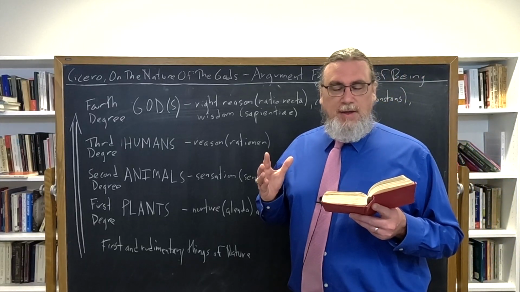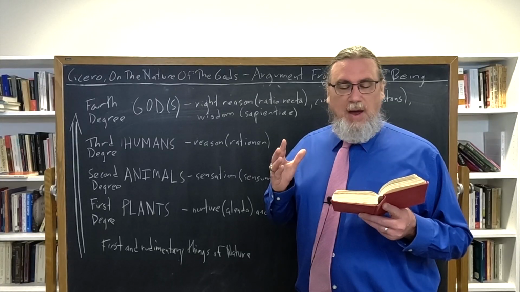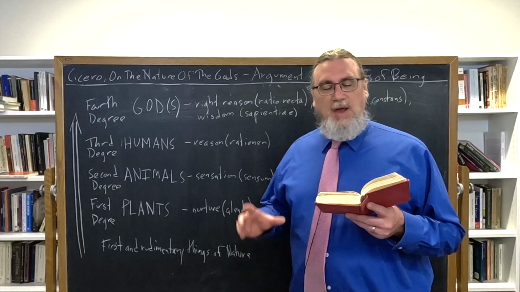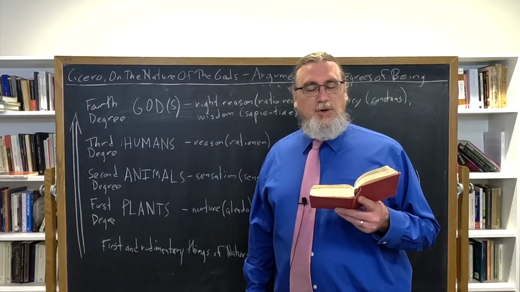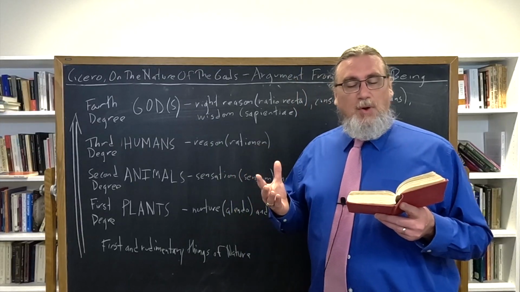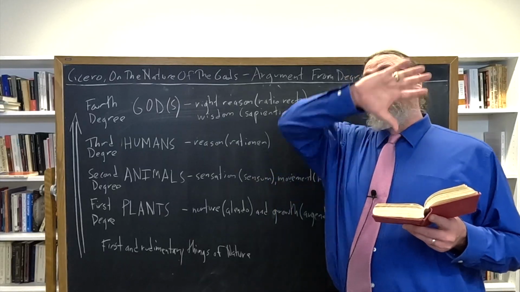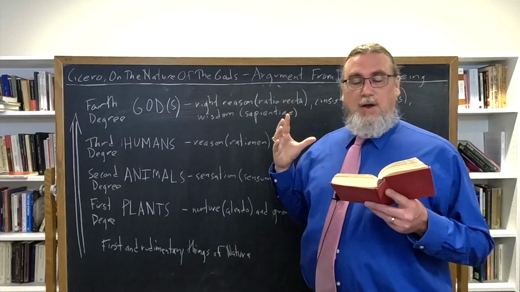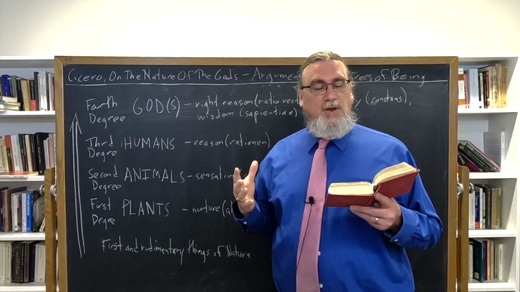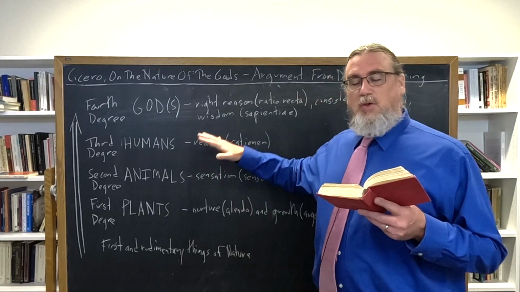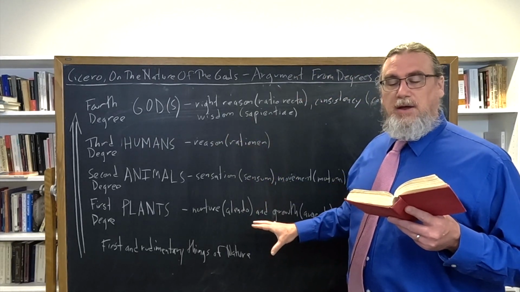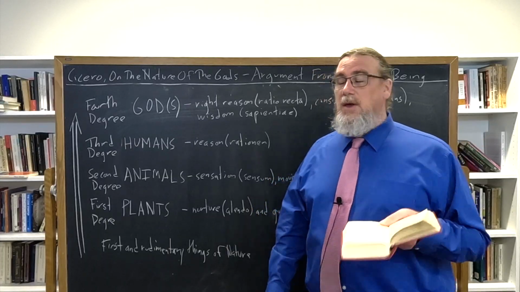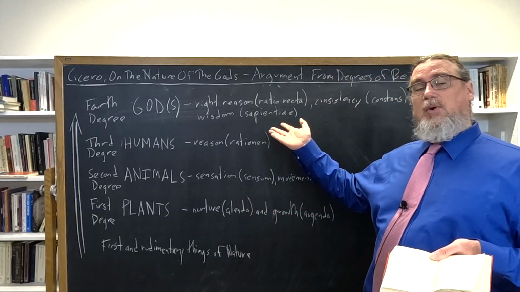So going on, he's going to talk about in painting, architecture, and other arts and crafts, there's an ideal of perfect workmanship, even so, and far more in the world of nature as a whole. So now we're going up to the fourth degree, right? There must be a process towards completeness and perfection. So the lower modes of being can encounter many external obstacles to hinder their perfect realization, but nothing can frustrate nature as a whole.